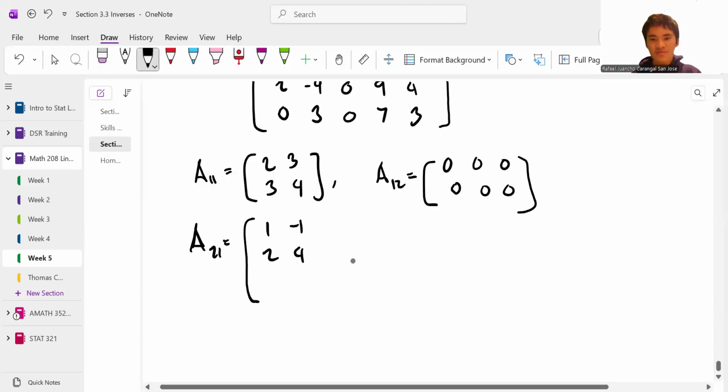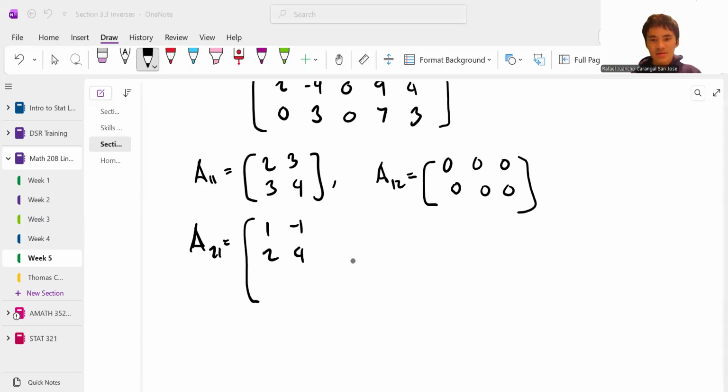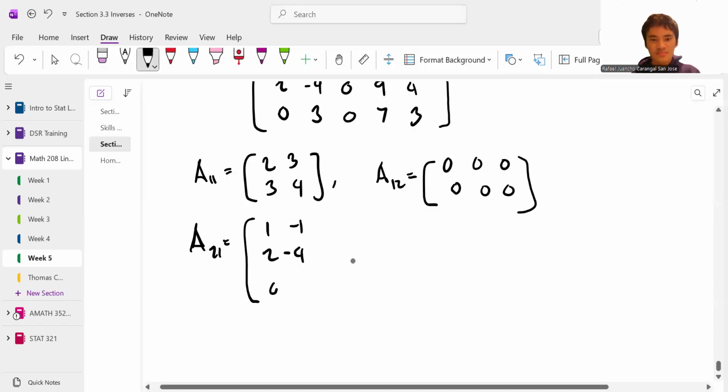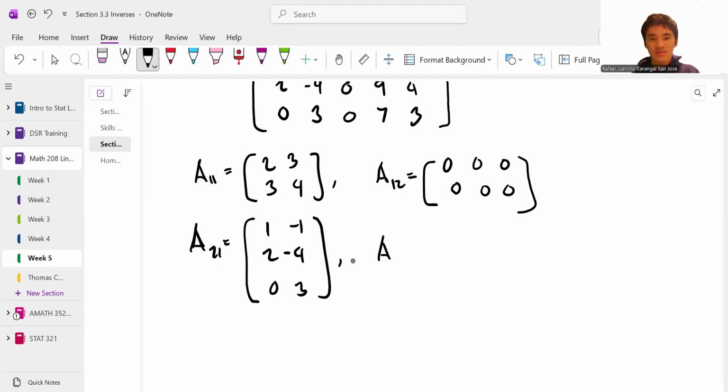Also, we have to make sure that the diagonal blocks are square matrices. It's another thing that we want to keep in mind. So we make sure that A11 and A22 are square matrices. So I could just write the rest of the remaining entries here.